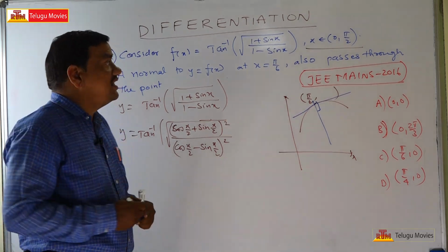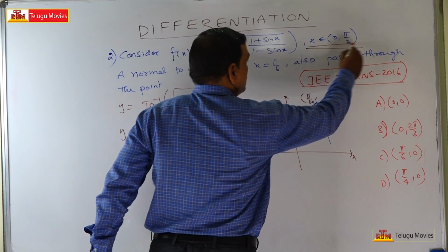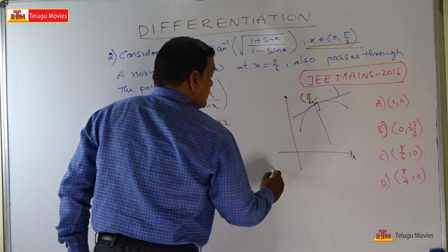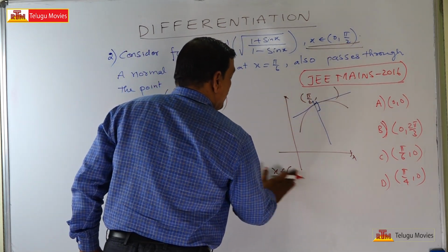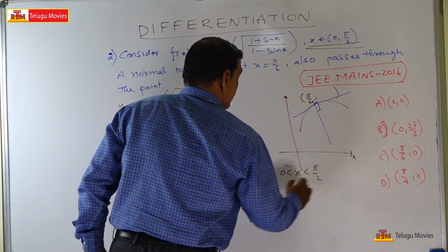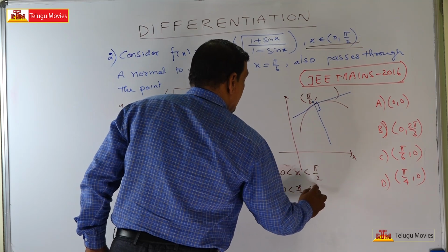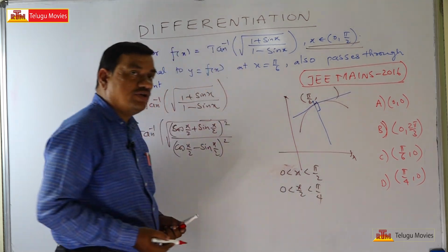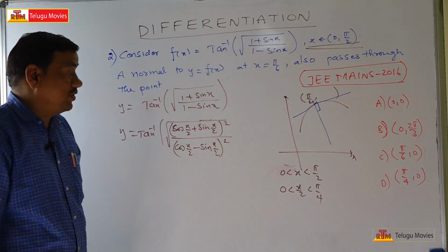Why? Because see here, x belongs to 0 to pi by 2. That means 0 < x < pi/2, so 0 < x/2 < pi/4. Therefore, x/2 also lies in the first quadrant only.